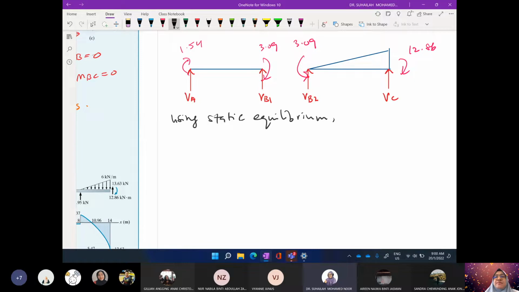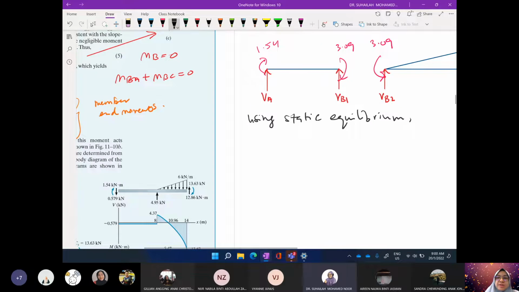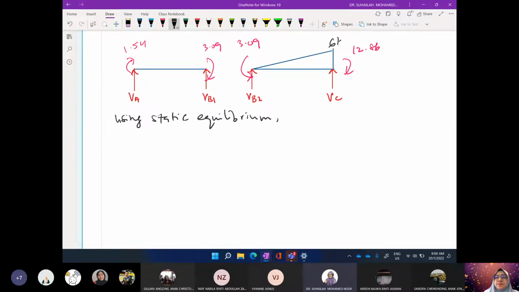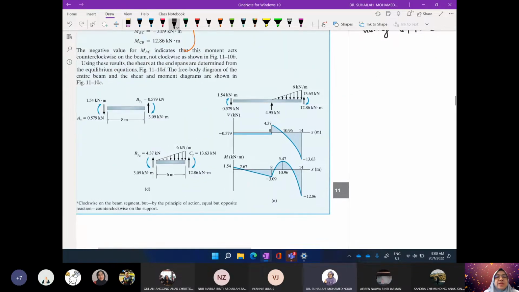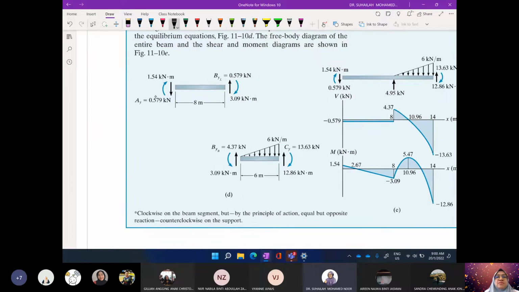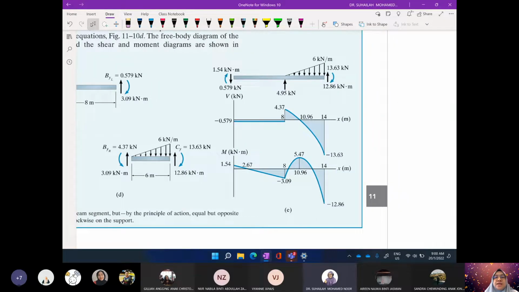Then we will get VA and VB. And then we do the same for VB2 and VC. So this is 6. So this is how this value, AY, BY, is actually calculated.